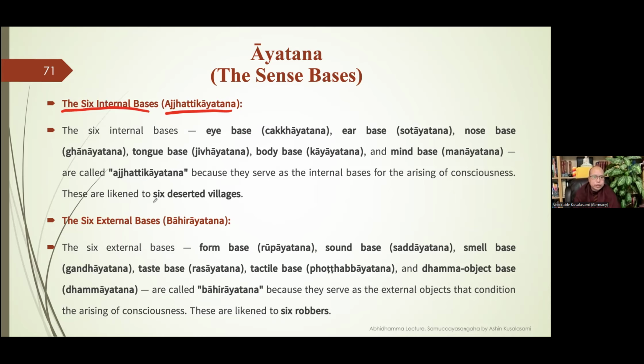There are analogies for the internal bases: six desert villages. The other six are the external bases, rūpa, sadda, gandha, rasa, phoṭṭhabba, and dhamma.